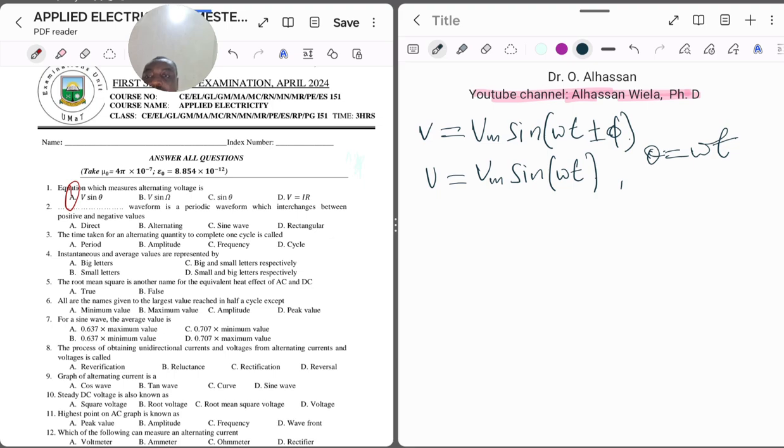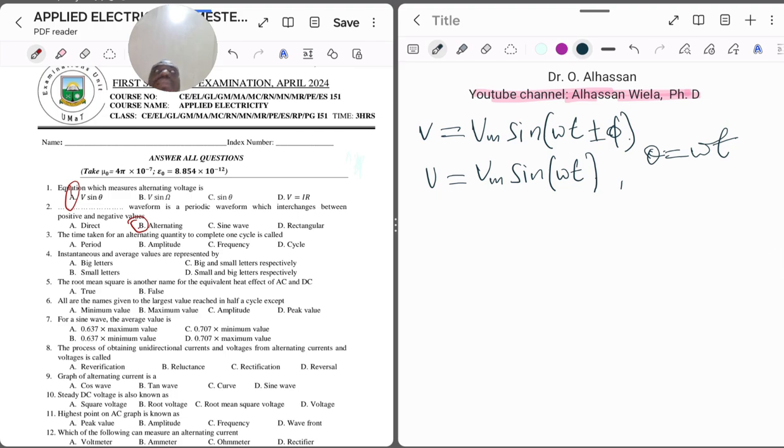So this here is going to be B. Why? Because when we talk about alternating waveform, right, it interchanges between positive and negative values, or it alternates between positive and negative values. So sine wave and rectangular wave, all of them are alternating voltage. So the correct answer here would be alternating waveform, right? Alternating waveform.